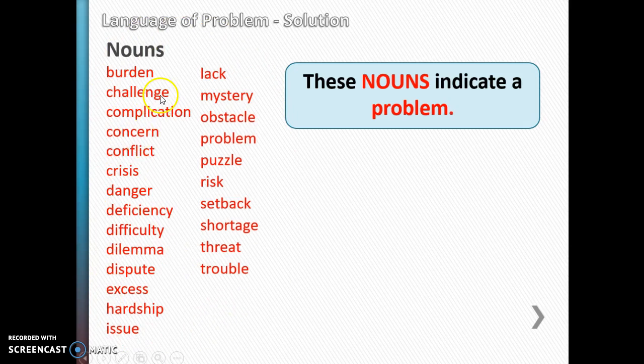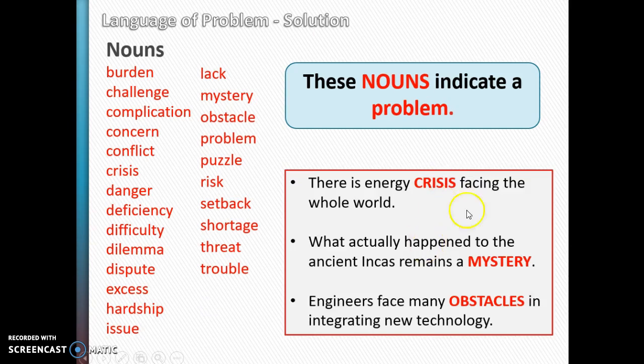So when we see a word like challenge, or conflict, or crisis, dilemma, trouble, all of these words are a kind of sign that the author is going to talk about a problem. So if we look here, what do we see here? Let's look at some examples.